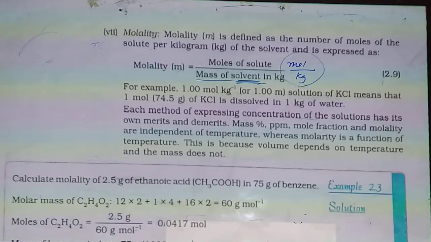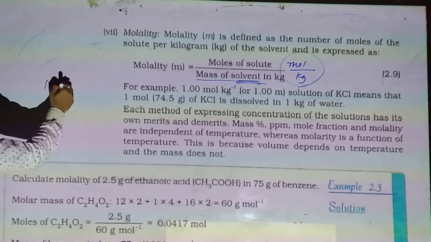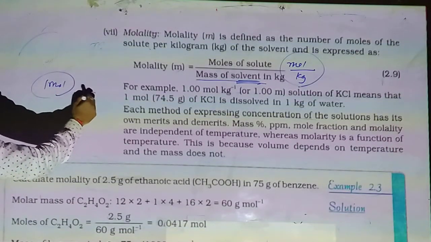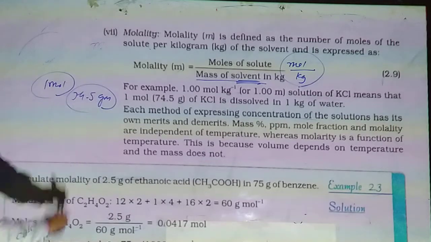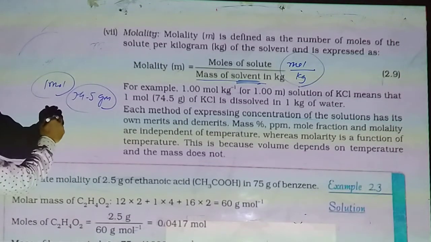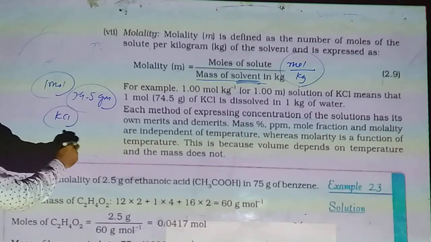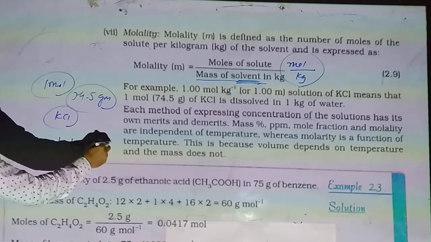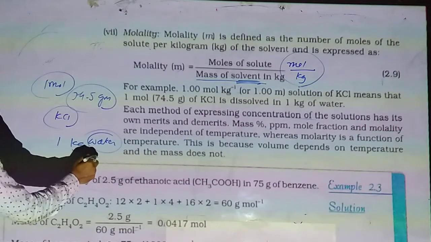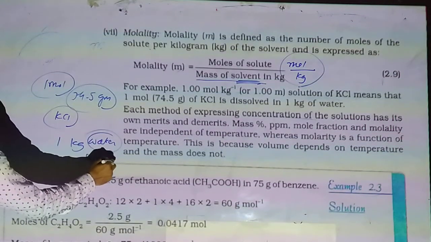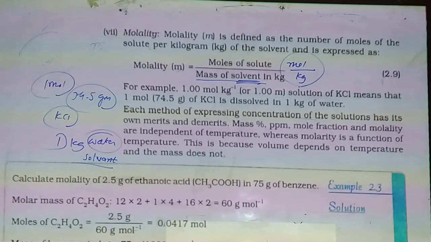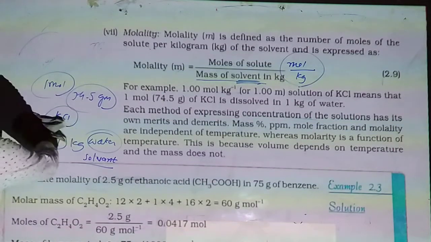Suppose 1 molality KCl solution is given. It means 1 mole KCl, 74.5 gram, the molecular mass of KCl, is dissolved in 1 kilogram water. It means in a solvent, 1 kilogram solvent has 1 mole, 74.5 gram, dissolved.